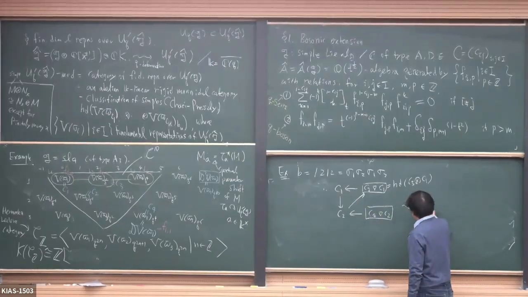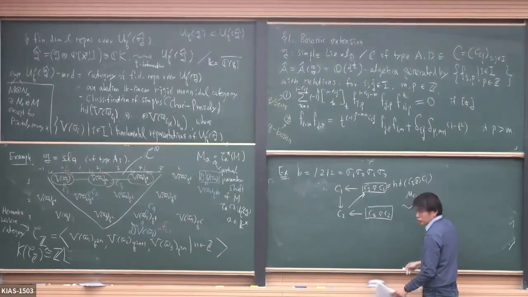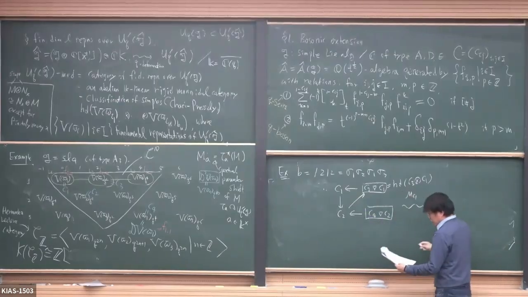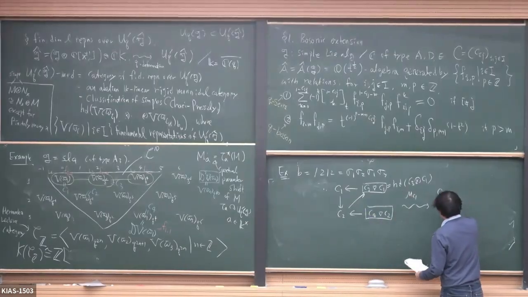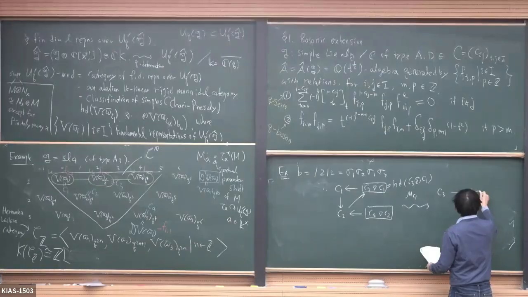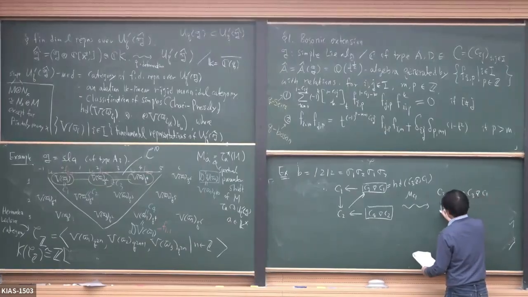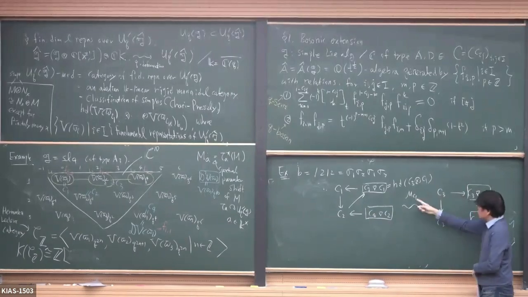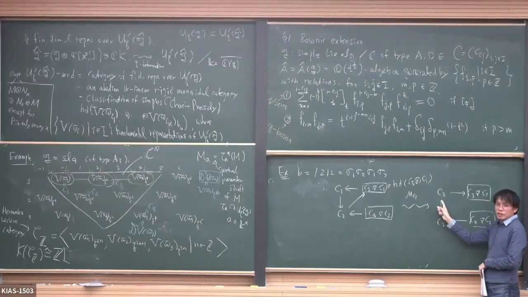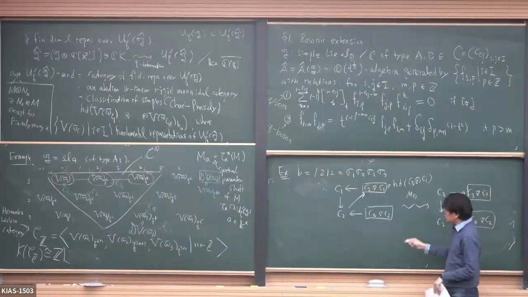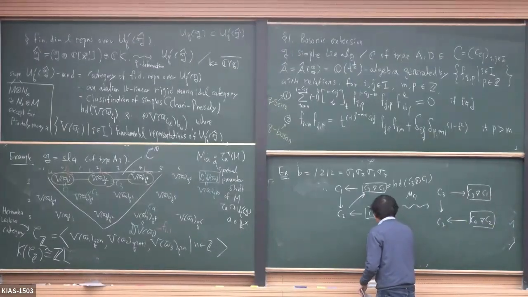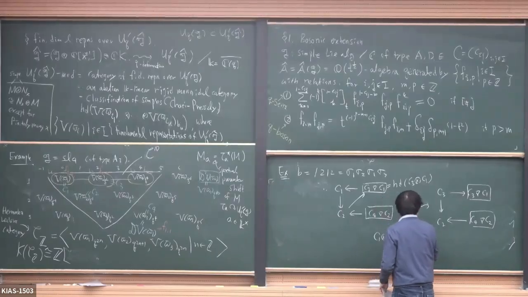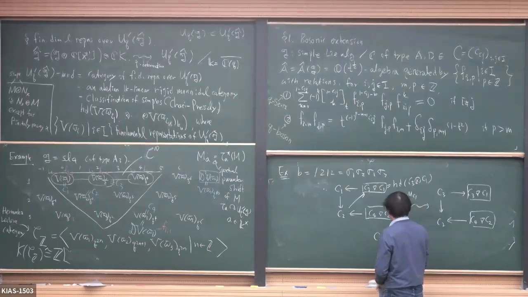If you mutate, say, the first variable here, then you will get the third generator. So I only replace C1 by C3. This is the mutation, and this mutation relation comes from the following tensor product.